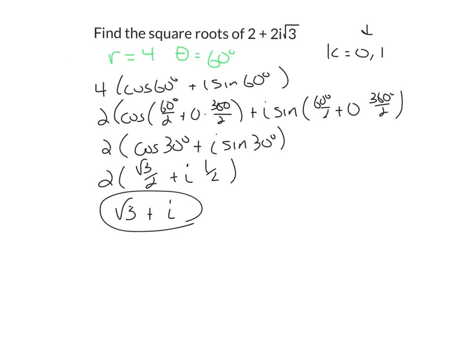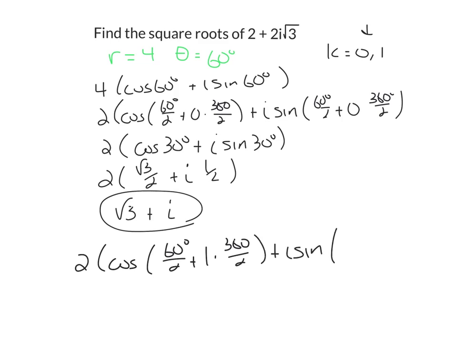Now to find the second one, I'm going to do the exact same thing, except now my k is 1. So I'm going to say square root of 4 is 2 times cosine of 60 over 2 plus 1 times 360 over 2, plus i sine, same thing, 60 over 2 plus 1 times 360 over 2.